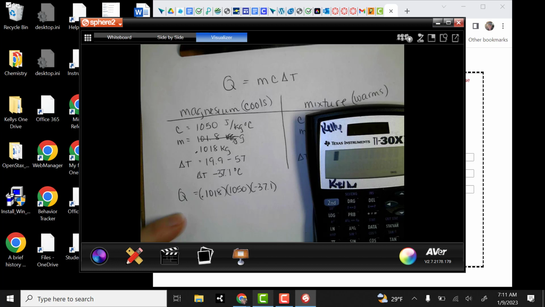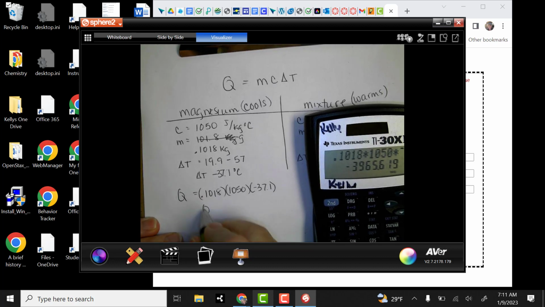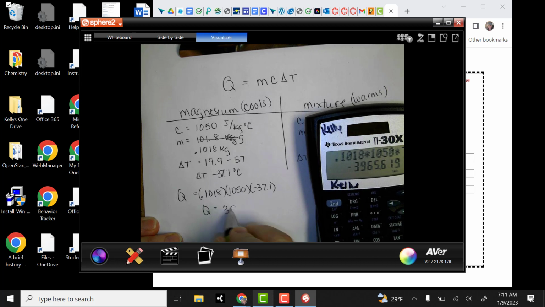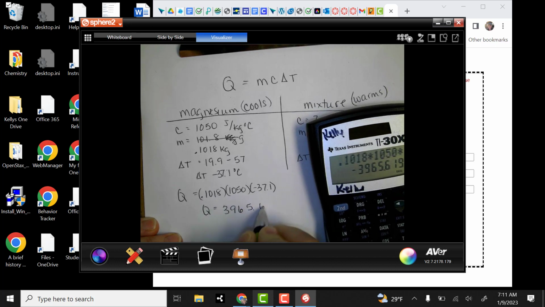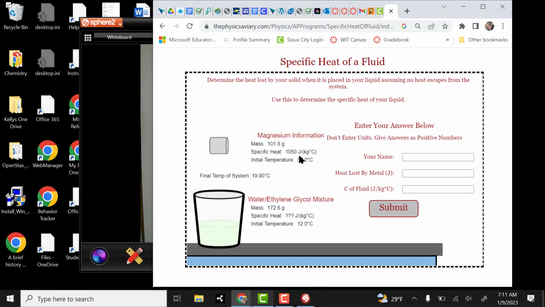Also, this is the first part of the problem that is being asked on your physics aviary. So the heat energy that the magnesium loses is negative 3965.62 joules. The problem says give answers as positive, so we will not put that in as a negative.